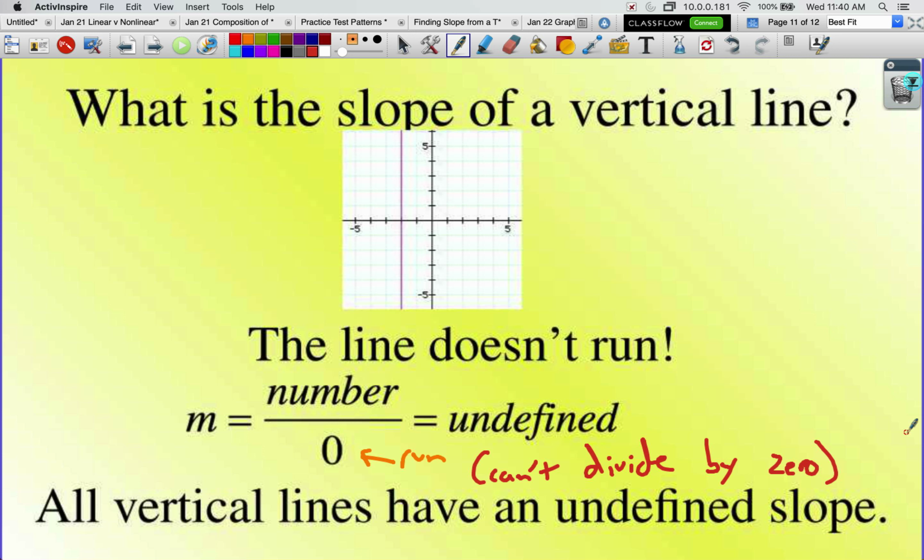Well, it's not answerable. You don't have anyone there to hand cookies to. So it's undefined. It's kind of like infinity, but it's different than infinity. It's just a non-existent number. All right, all vertical lines have an undefined slope.